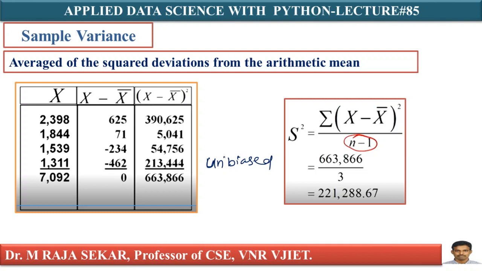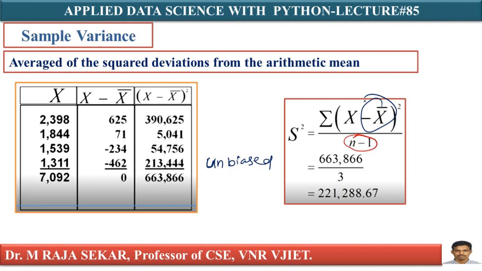Let me repeat it again. The reason is to make the variance, that is S square, an unbiased estimator. This is due to degrees of freedom. This also I will discuss. What is degrees of freedom? In my future lectures I will discuss. Since we already know the value of the mean, x bar, we lost 1 degree of freedom.